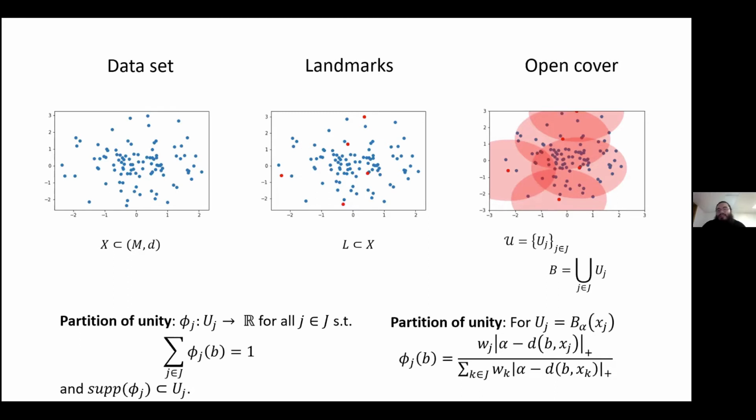You can throw this into a computer after choosing some weights, omegas. If you want some intuition of what this partition of unity looks like, you can think of it as little cones above each landmark, and they just cut the plane on the corresponding metric ball.